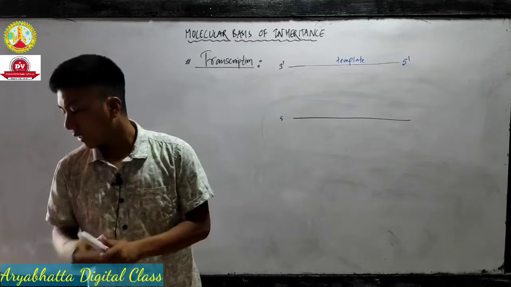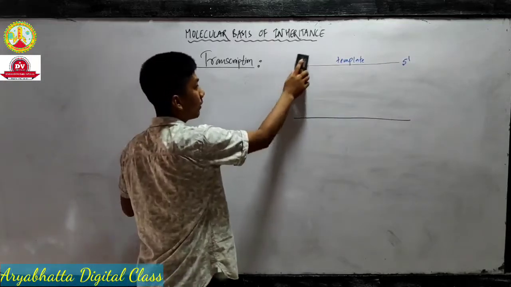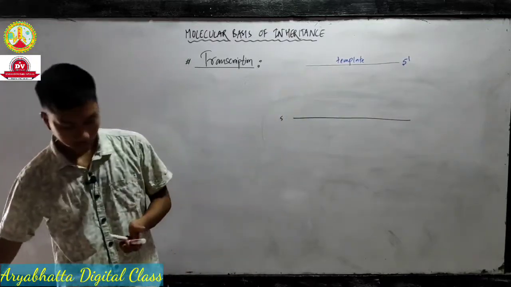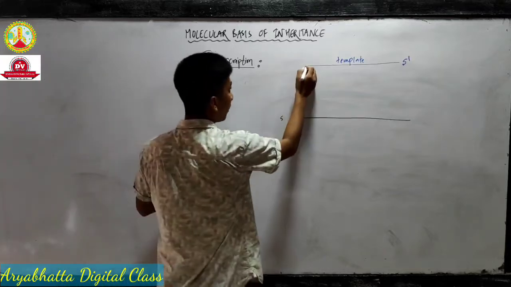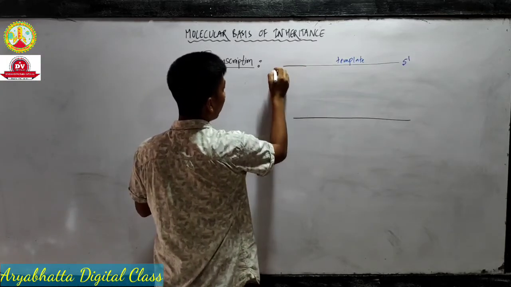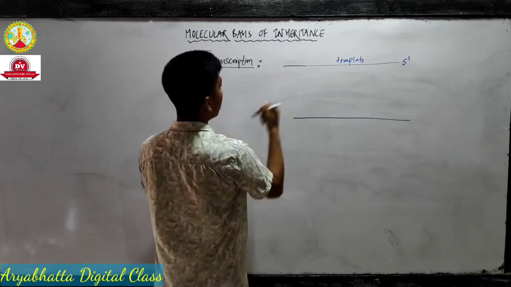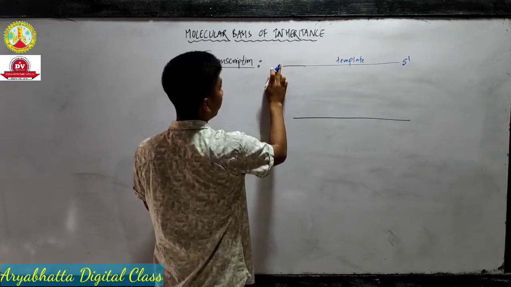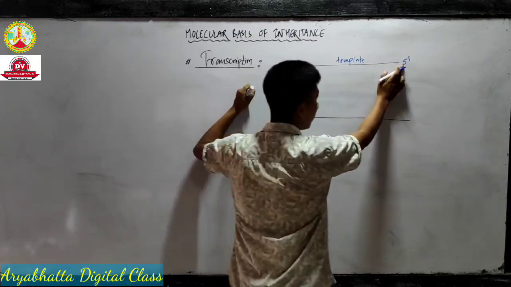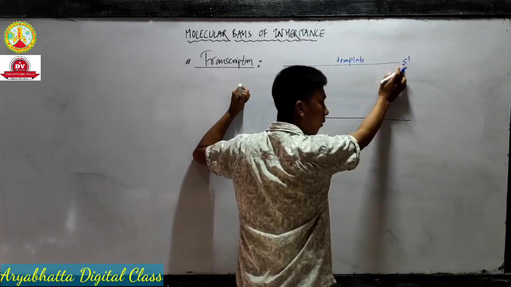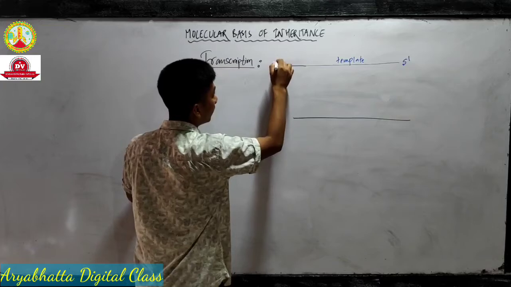Remember, in the mRNA part, I think I gave a 5 prime here for the template strand. So you need to recorrect it. Go back to the mRNA part, and if I gave a 5 prime here and 3 prime there, recorrect it with this.